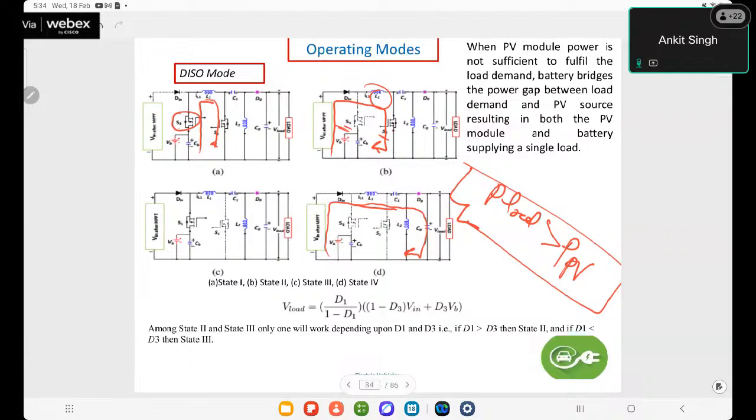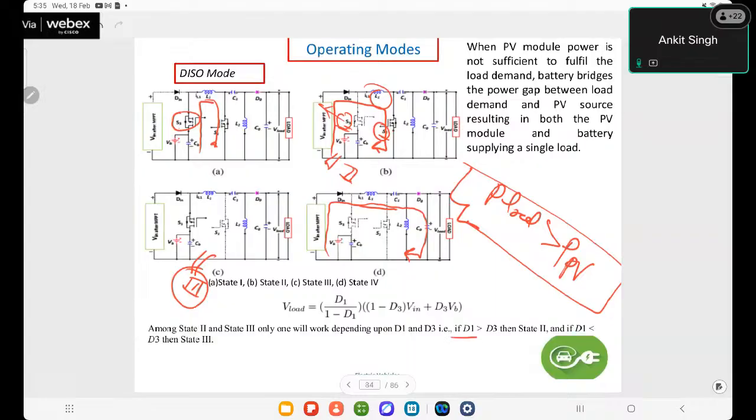There may be a possibility here in switch S3 and switch S1, depending upon the duty cycle. Either mode second or mode third will take place, depending upon the duty.